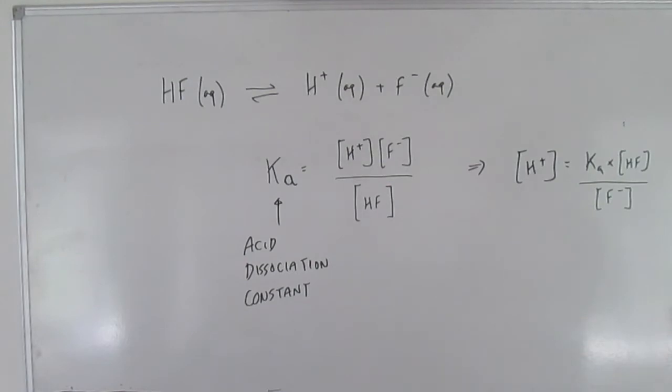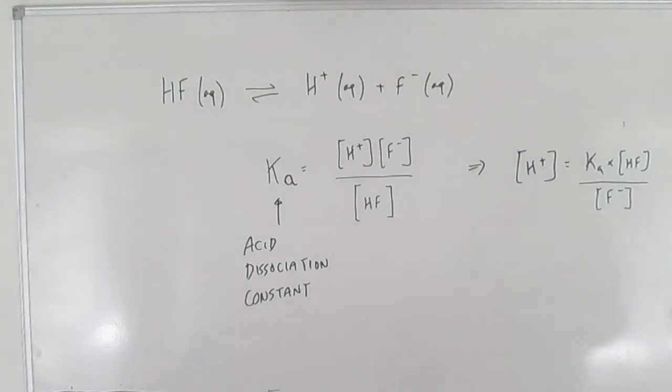So what you need to know is how you take this expression and make some approximations which let you actually calculate what the pH will be at a given concentration. So this is the exact expression, but it's not useful when you just have an acid on its own in solution.